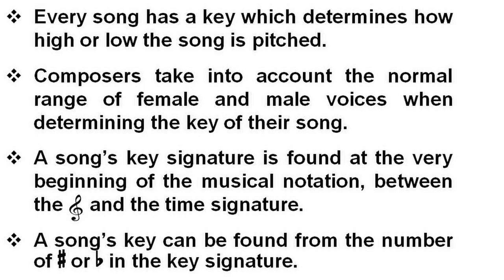A song's key signature is found at the very beginning of the song between the treble clef and the time signature. A song's key can be found from the number of sharps and flats in the key signature. And so we count up the sharps, we count up the flats, and we find out the key.